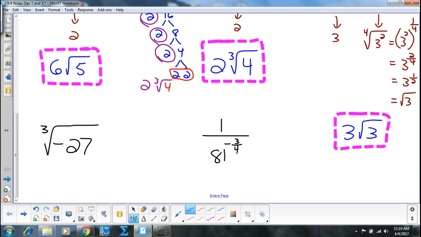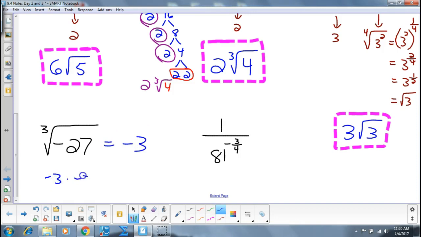Those two negative signs are different. This negative sign in the cube root of negative 27 means it's just a negative number. And so this answer here is negative 3, because negative 3 times negative 3 times negative 3 is negative 27.